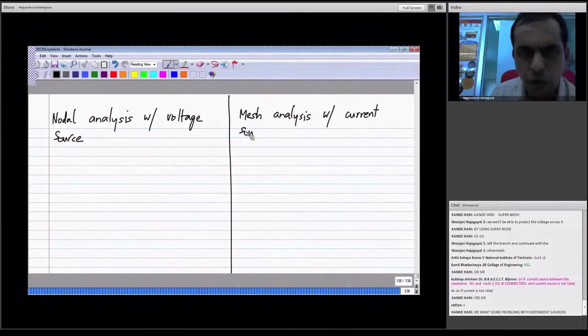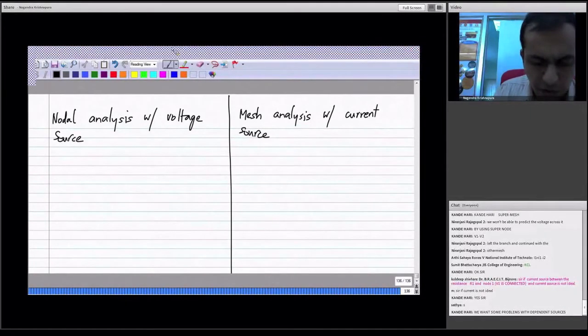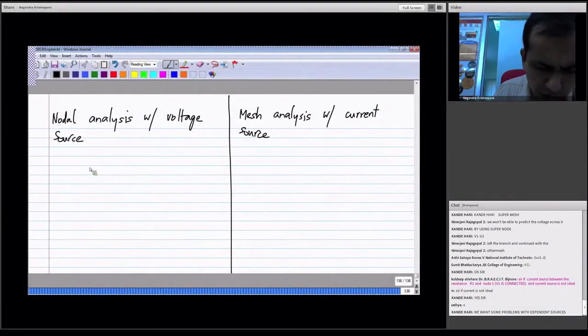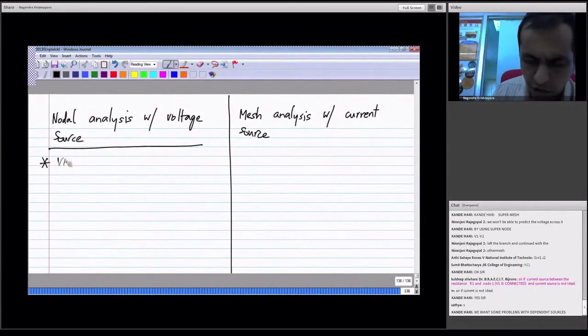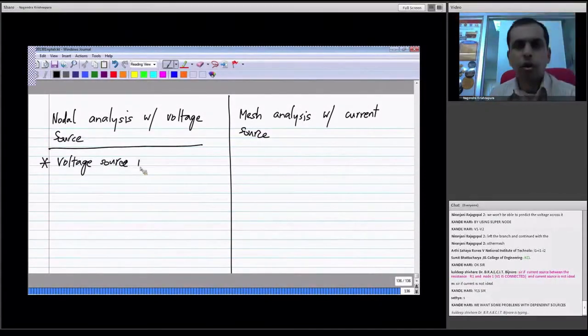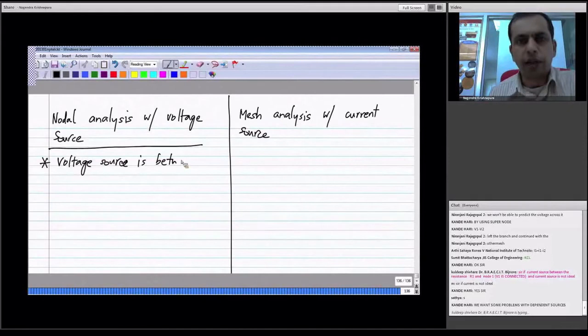So when you have nodal analysis with a voltage source, first of all, if the voltage source is between a certain node, I'll call it node K, and the reference node, you already know that node voltage.